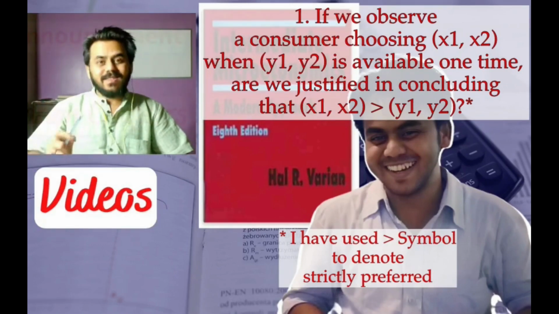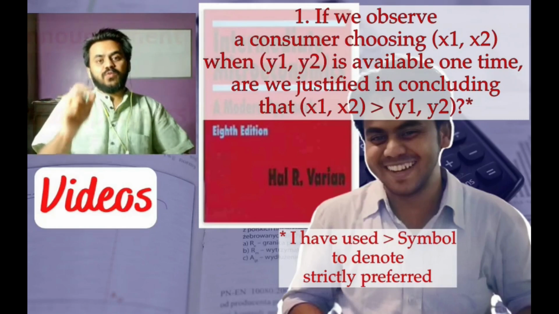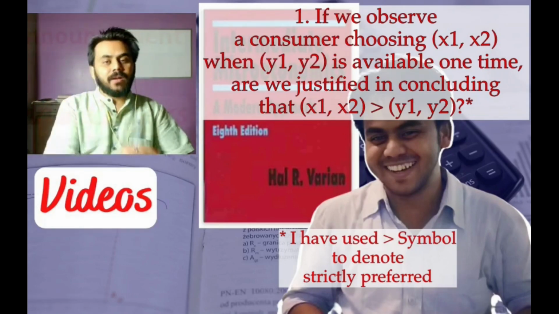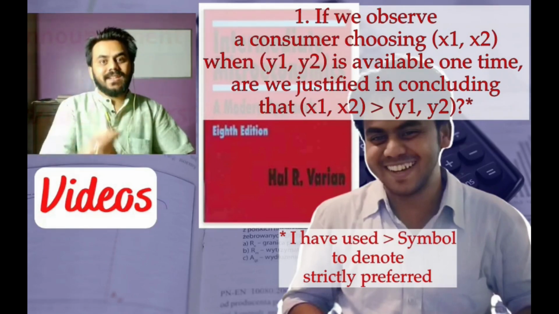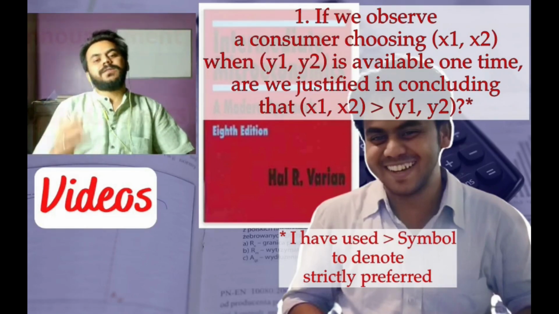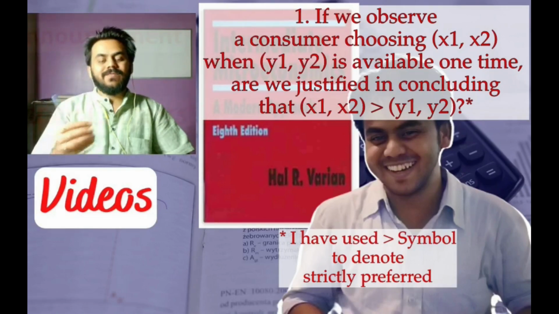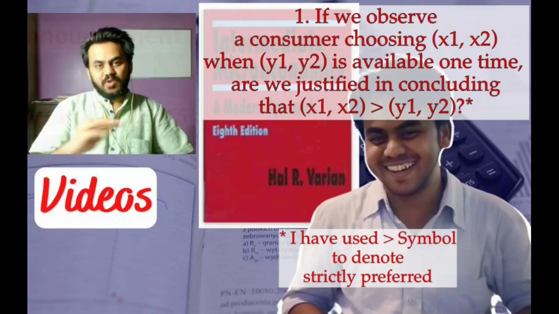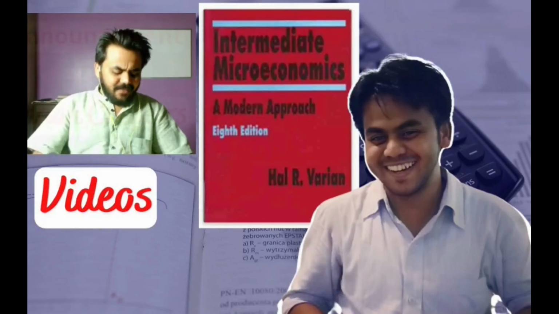Why? Because remember, when you choose one bundle over the other, it could be because of two reasons. One, you weakly prefer one bundle to the other, and the second is you strictly prefer the first bundle, which means we cannot directly say it's weakly or strictly, and the question is asking, is it strictly? So no.